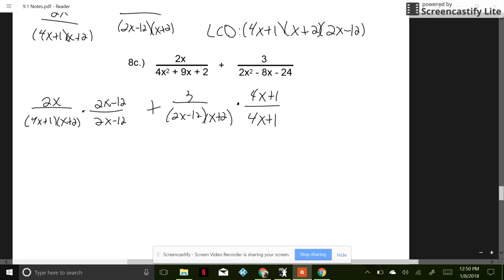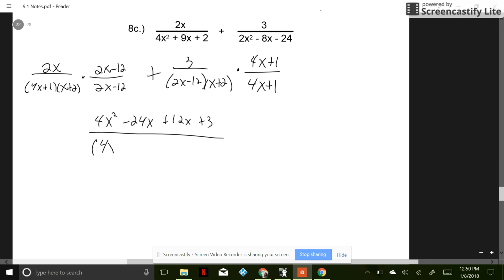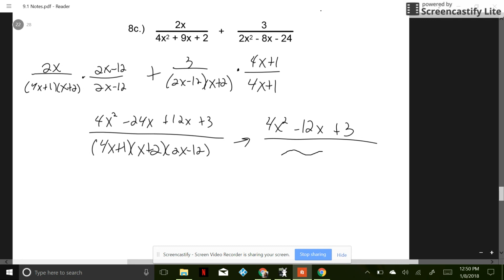Okay, so distributing the 2x, we'll get 4x squared minus 24x. Distributing the 3, we'll get 12x plus 3 all over our LCD denominator, 4x plus 1, x plus 2, 2x minus 12. Combining like terms, we'll end up with 4x squared minus 12x plus 3 all over our big denominator there.